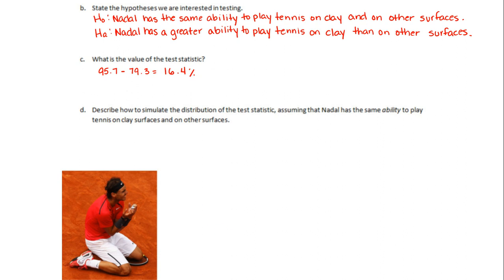Describe how to simulate the distribution of the test statistic, assuming that Nadal has the same ability to play tennis on clay surfaces and on other surfaces. So we're going to take 162 note cards, and write W on 136 and L on 26.